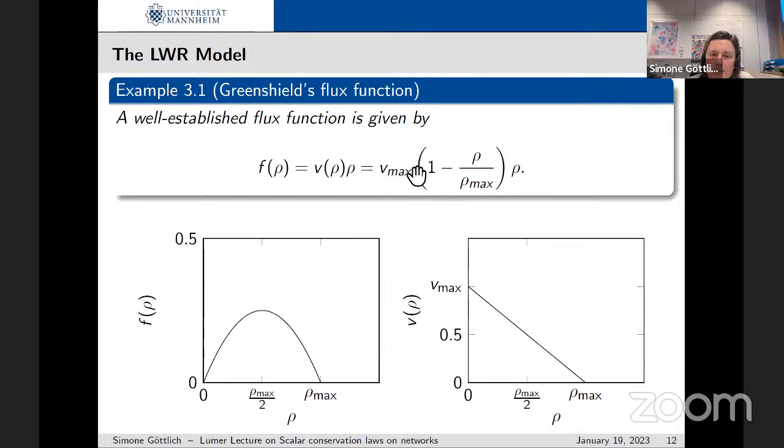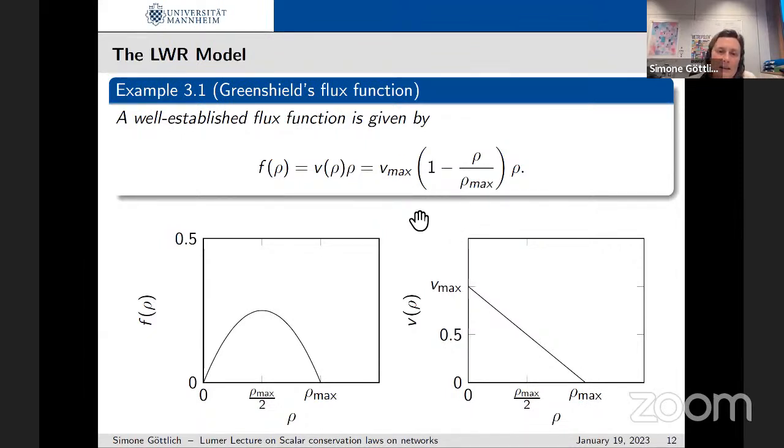And you see, if we would have a look at the picture here where rho is plotted against the velocity v of rho, in the case the density is 0, cars can drive with their maximal velocity. And then there's a linear dependence, and once the maximal density is reached, the velocity is 0.